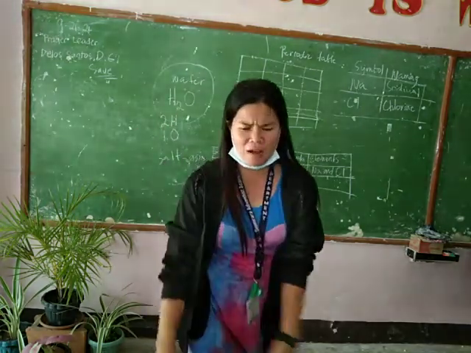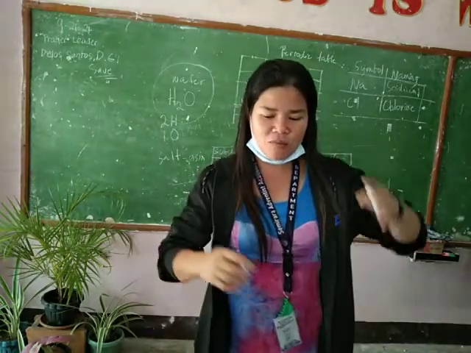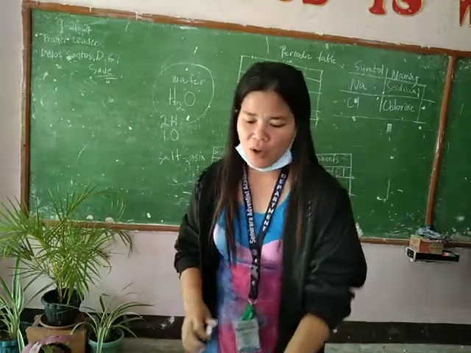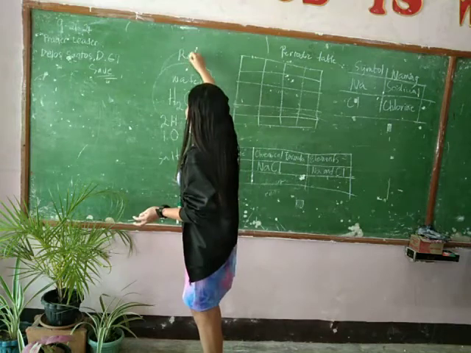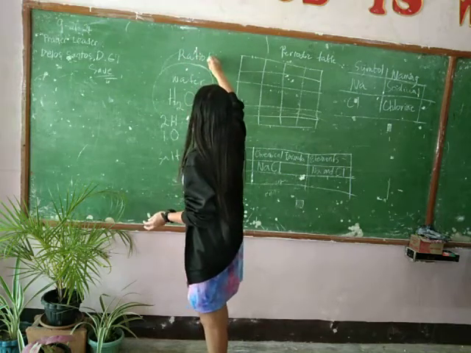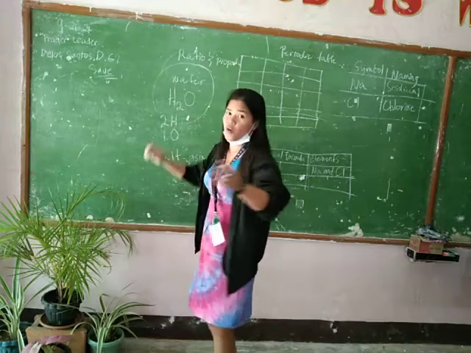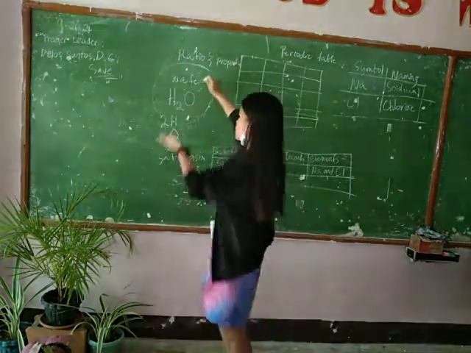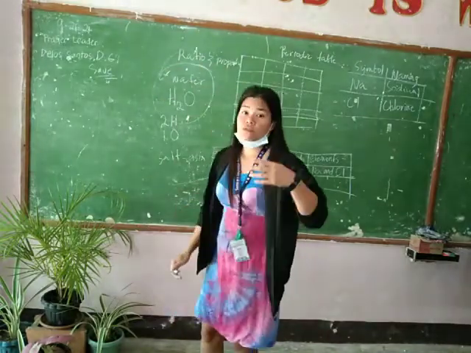See? Now, and then the number 3 is elements and compounds always combine in fixed proportion. So, ilagay natin ito sa ratio and proportion. Example ratio and proportion: Water, H2O.